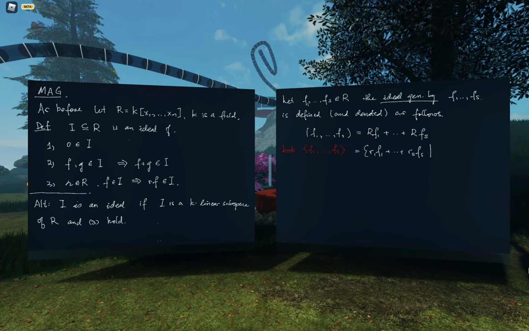So it's all of the linear combinations of these guys, where R1 through Rs are elements of R. This is what we mean by an ideal generated by a finite number of elements. We have to prove that this is an ideal, but I think this is one of the exercises. I don't know whether I assigned it, but at least when I prepared the notes, I did write this down as an exercise. So if I didn't assign it, I'll assign it now.